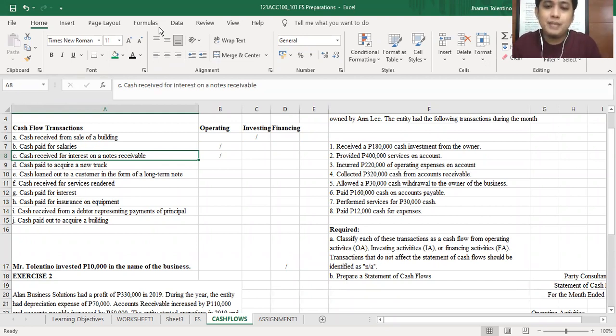Pero kung galing sa long-term notes receivable, investing activities yun. Kaya lang, for simplicity purposes, sa mga tamad, nilalagay na lang nila sa operating activities. Ulitin ko, for simplicity purposes, ang ginagawa ng iba, operating activities na lang siya. Maliwanag po.